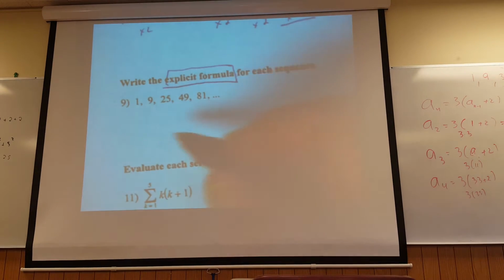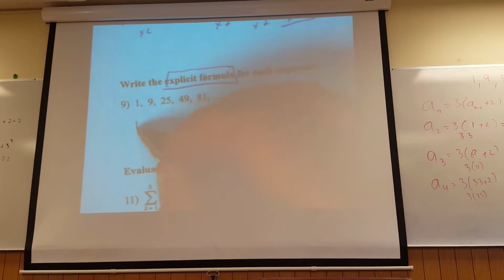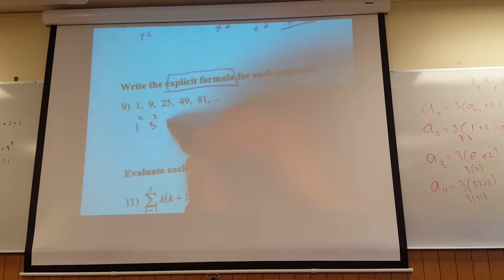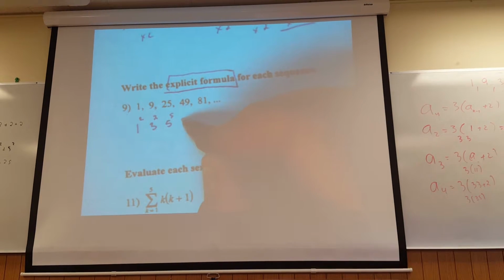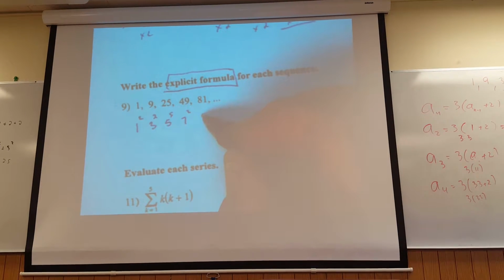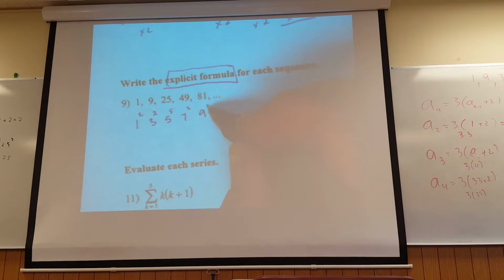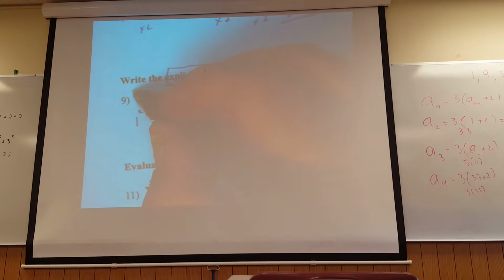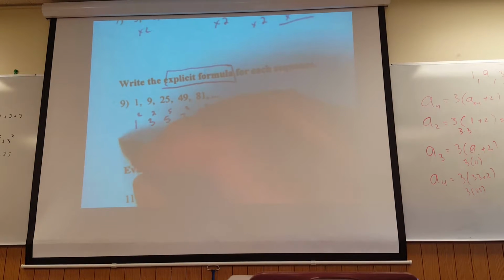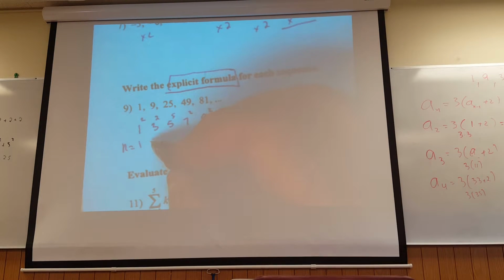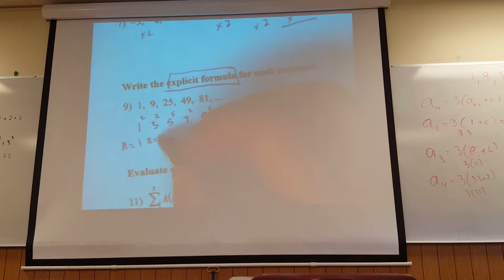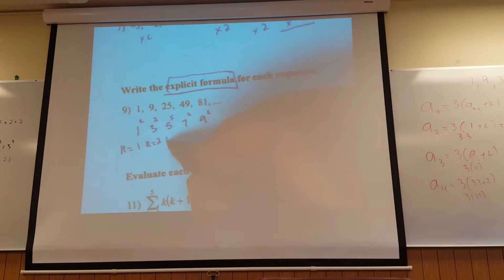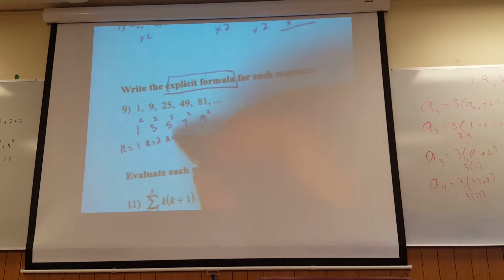Now, what I can see, this is 1 squared and 3 squared, and 5 squared, and 7 squared, and 9 squared, okay? Now remember that n equals 1 here, and n equals 2 to get 3. And n equals 3 to get this one.